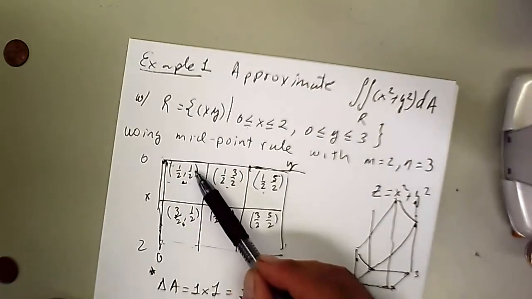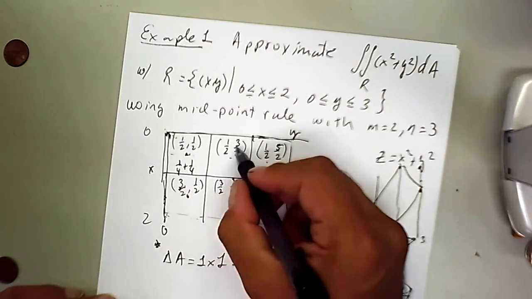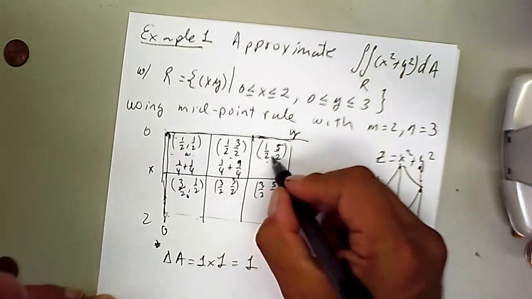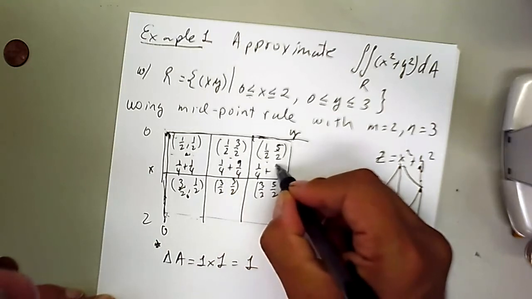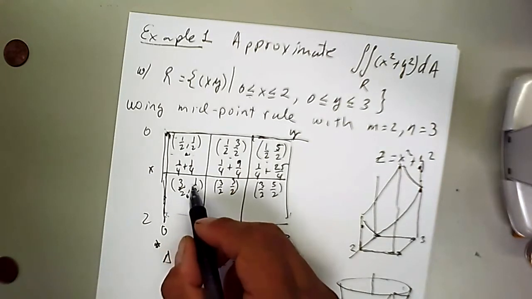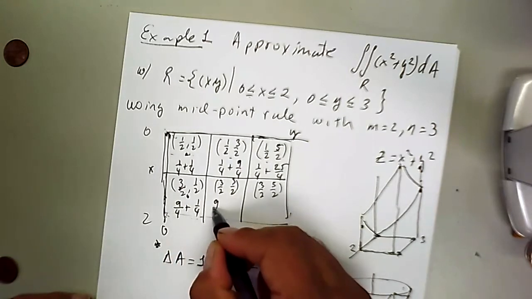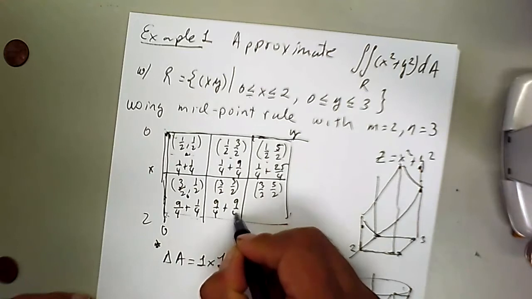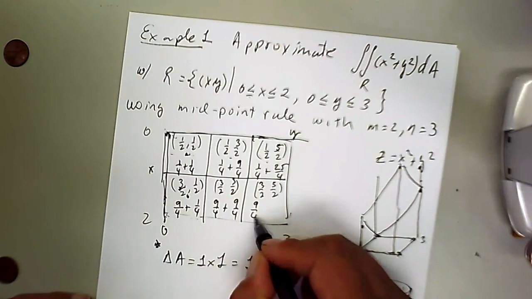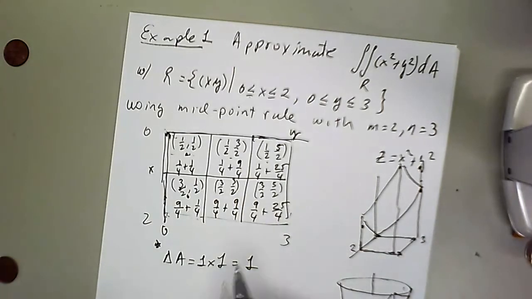So that is a quarter plus a quarter, a quarter plus 9/4, a quarter plus 25/4, 9/4 plus 1/4, 9/4 plus 9/4, and 9/4 plus 25/4, because we're squaring each one of those and adding them together.